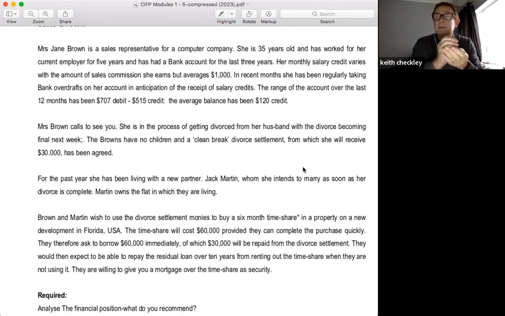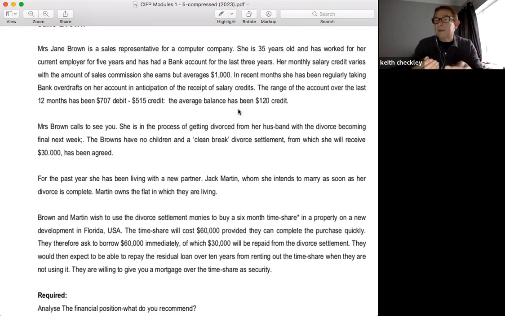So we could backtrack and try and work with her on what's her income coming in. It says average is $1,000. What's her expenses? And let's make that as a starting point. And then we could talk about where she is now, in terms of she's now living with Martin in the flat.